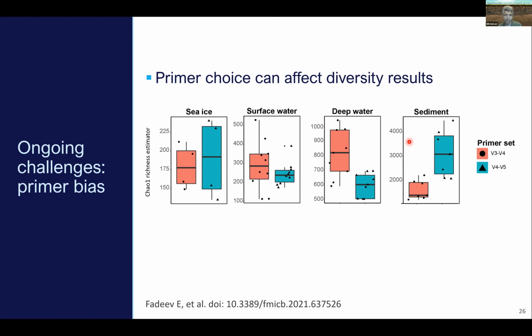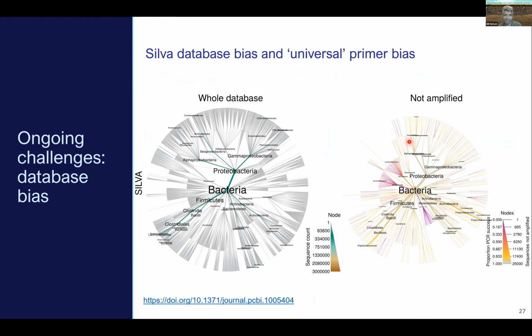I talked before about bias in the databases, and this slide is getting to that a little bit. So this tree here is a representation of all of the SILVA database, all of the taxa represented in the sequence database. And the branches are colored and the width is representative of how many sequences in the database belong to those different taxa.